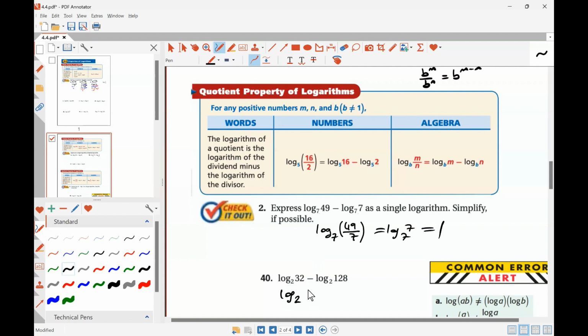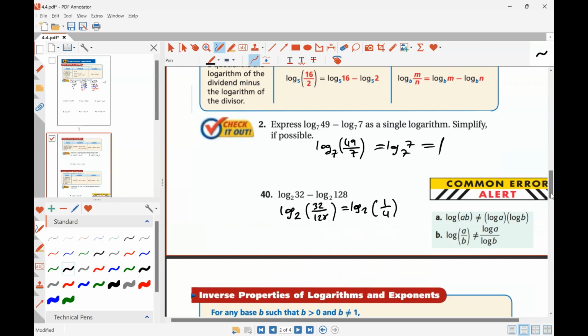Write the base and divide the numbers. 32 divided by 128. So here I have log base 2 of 32 over 128, which will simplify. It's going to be 1 over 4. And the question is, can I turn 1 over 4 to 2? Can I write 1 over 4 in terms of 2?